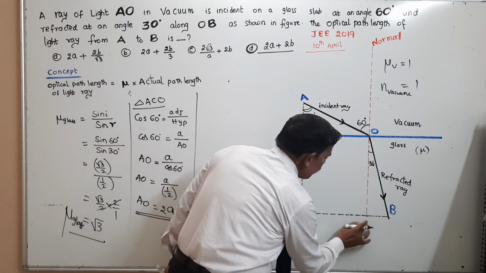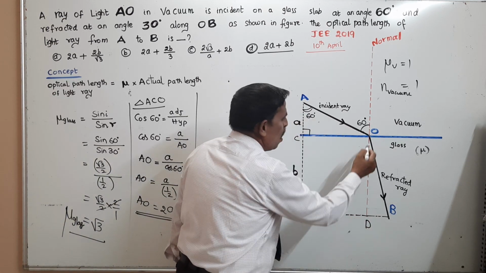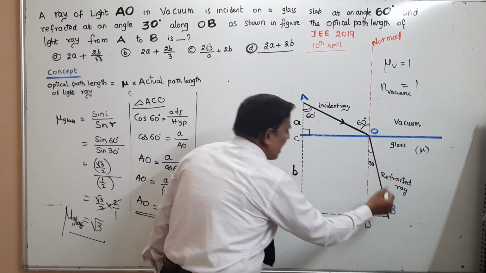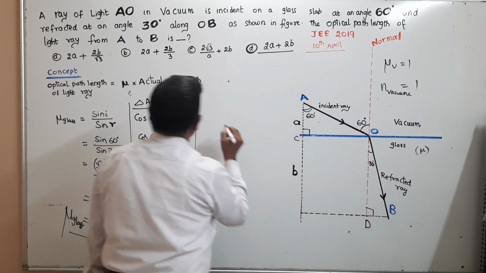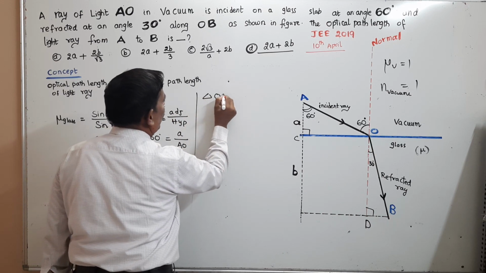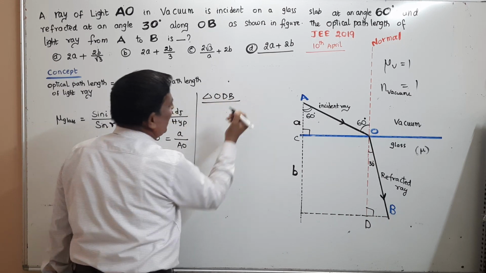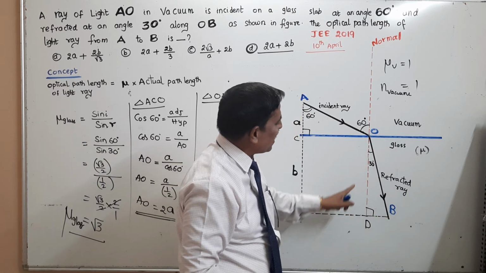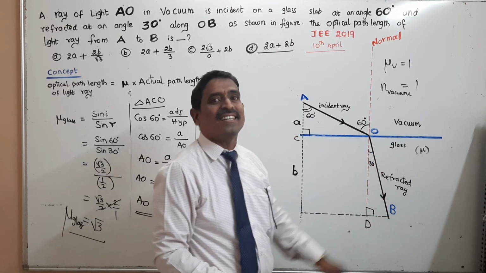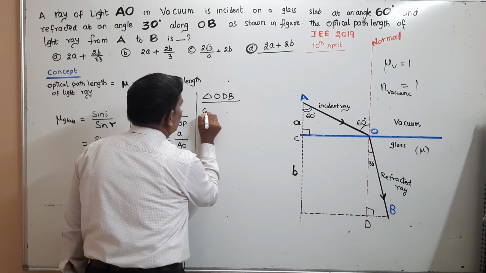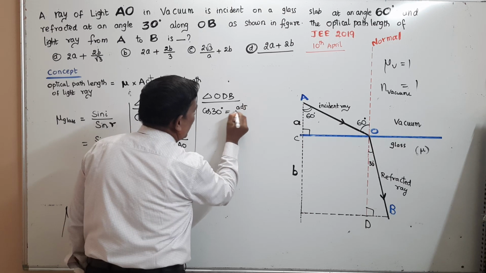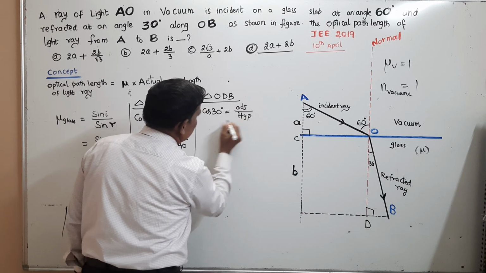Now, please listen here. Here, I am taking this point as D. ODB is a right angled triangle. I am taking cos 30 degrees, adjacent side by hypotenuse.